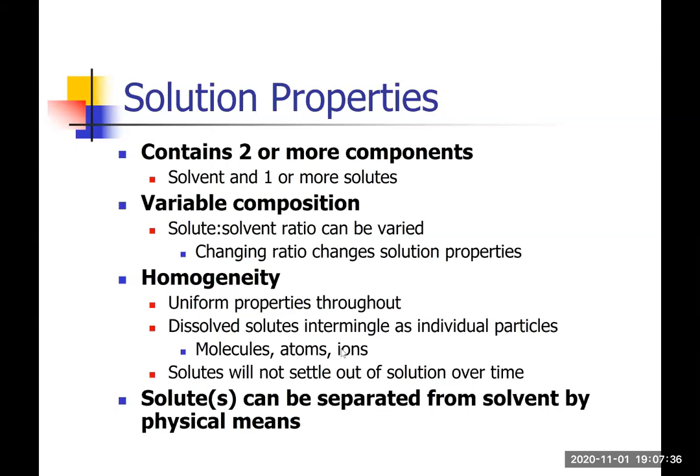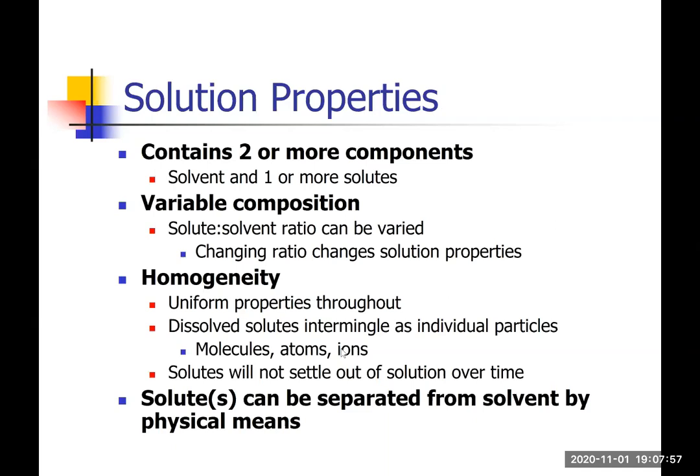A solution can contain two or more components: one solvent, and one or more solutes. A solution can have variable composition. If you remember when we talked about elements and compounds, they have fixed composition by mass.